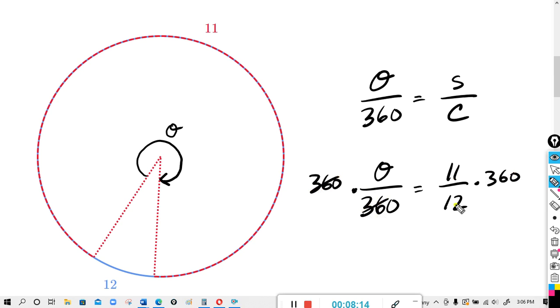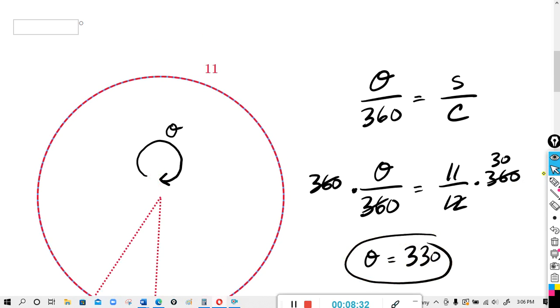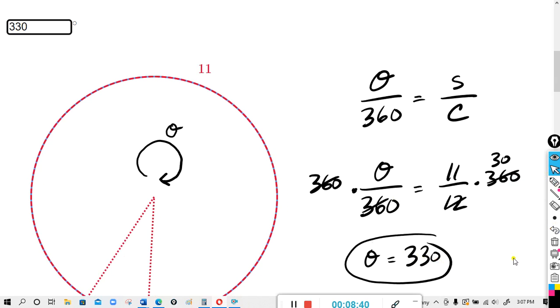Cancels here. 36 divided by 12 is 3, and we have a 0, so that's just 30. And 11 times 30 is 330. You can use a calculator, or reduce fractions, or a combination of both. But it's going to be 330. So that answer makes sense. We said it would be close to 360, but not quite.